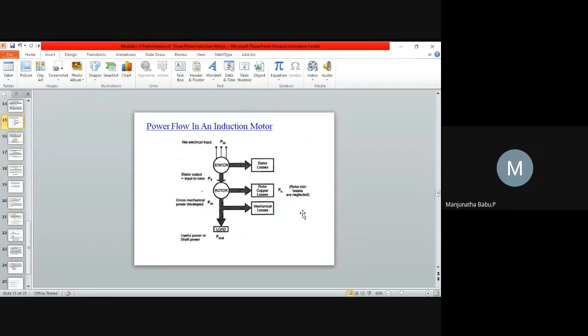Now you put that in the ratio. PC by PM is equal to S divided by 1 minus S. So find the rotor copper loss.